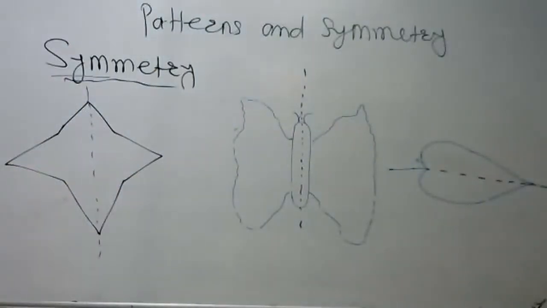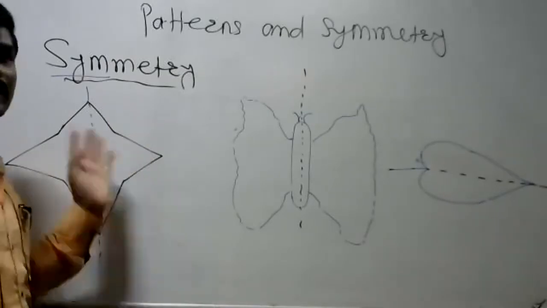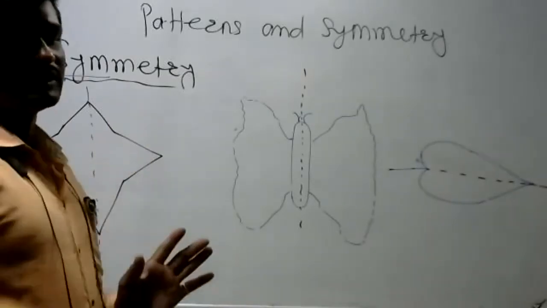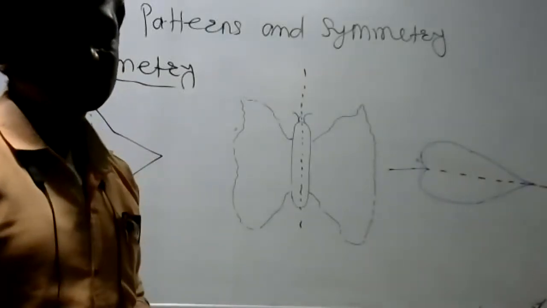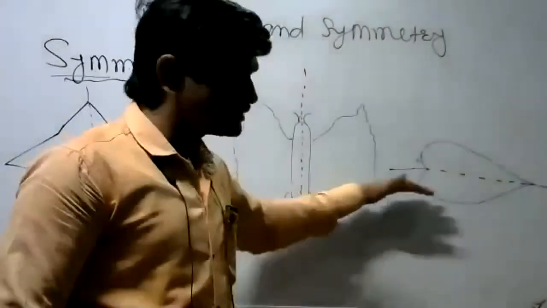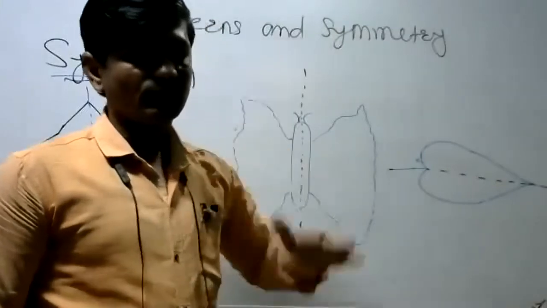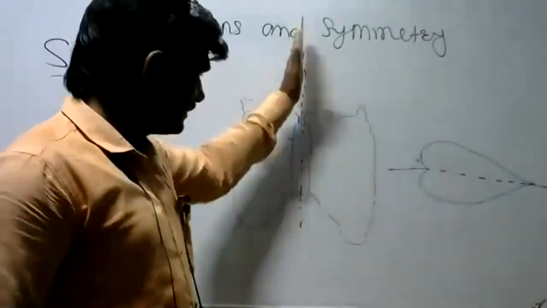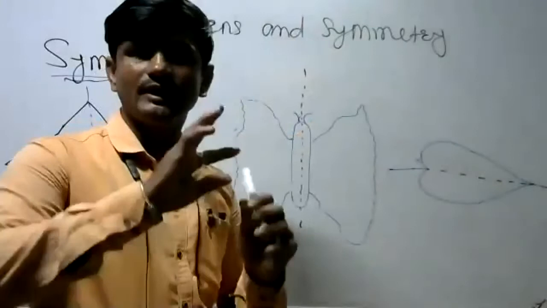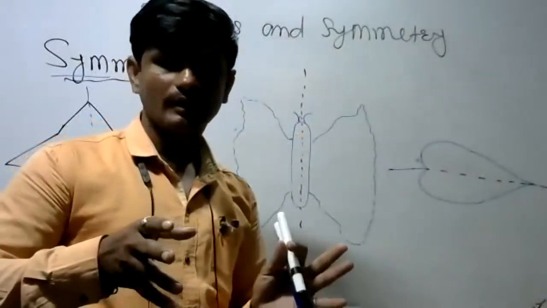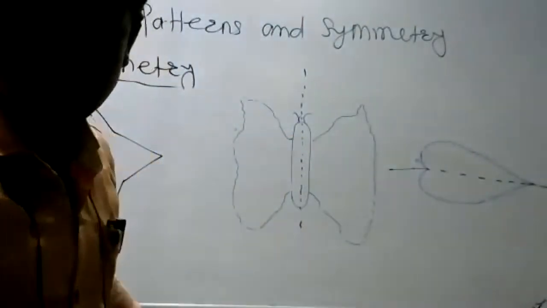What this means is we can divide any object vertically and horizontally. Understood about this? This is the horizontal, this is the vertical. Means if you are dividing all these things in different shapes.